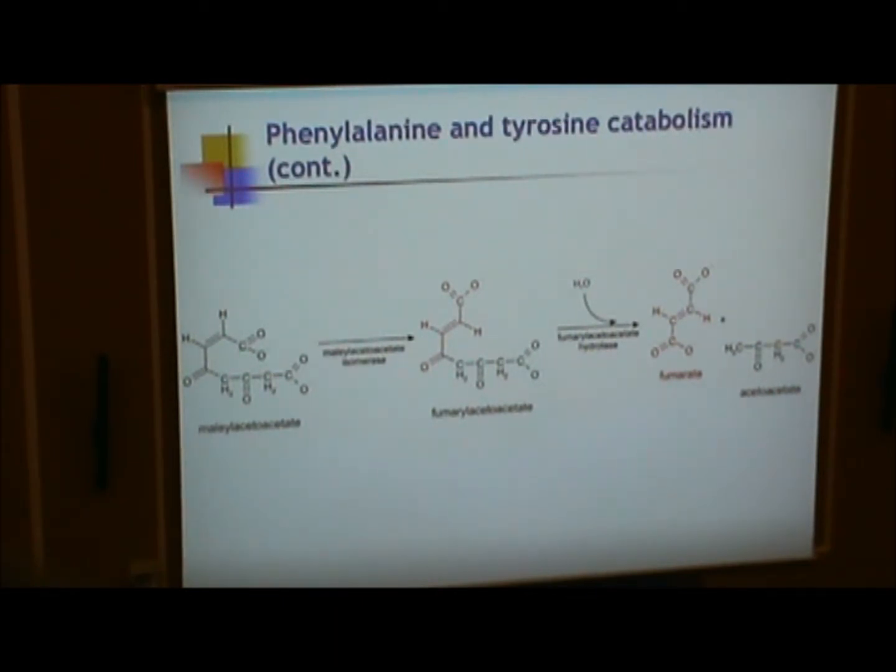So the OH group from water binds to this carbon, forming this carboxylic group, whereas the hydrogen from water binds to this carbon, forming a methyl group. So the fumarylacetoacetate is converted into fumarate and acetoacetate.